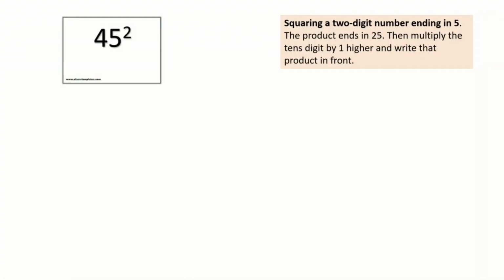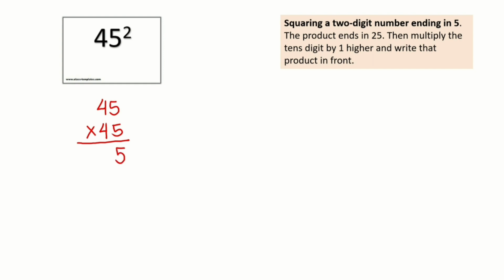Now let's try to use 45 squared. If we're going to use multiplication, 45 squared means you're going to multiply 45 by itself. So that's 45 multiplied by 45. Using multiplication, we have 5 times 5, that is 25.